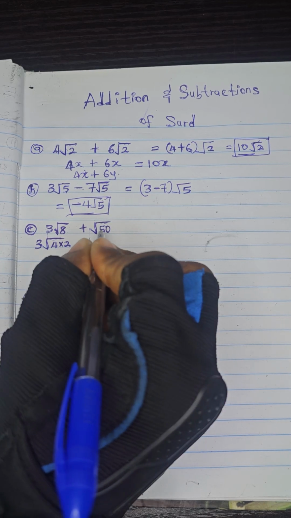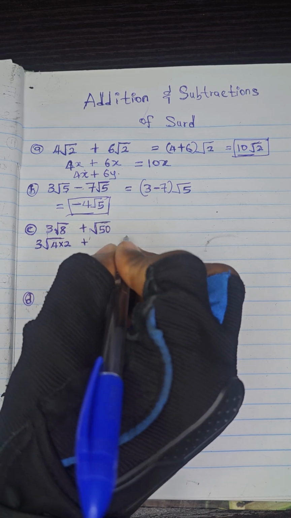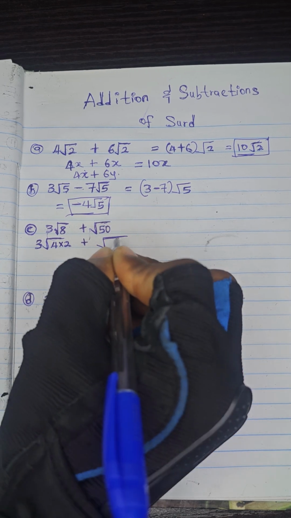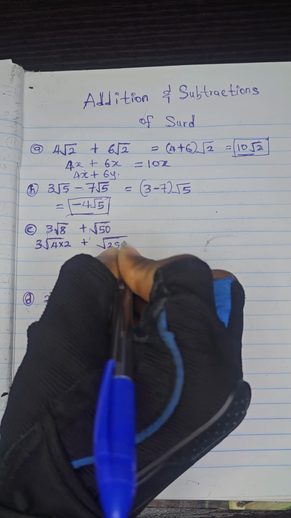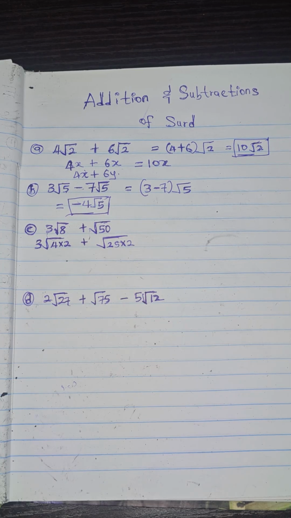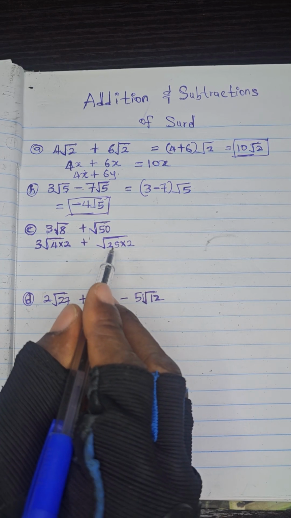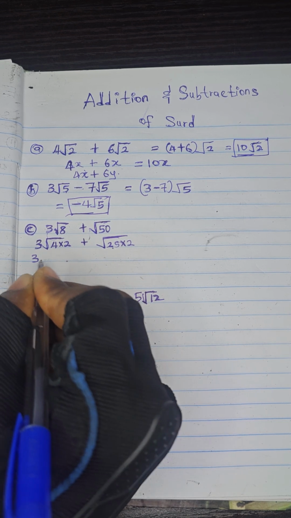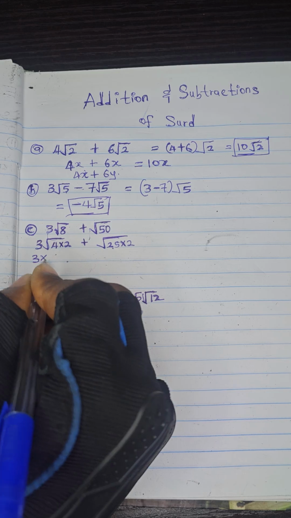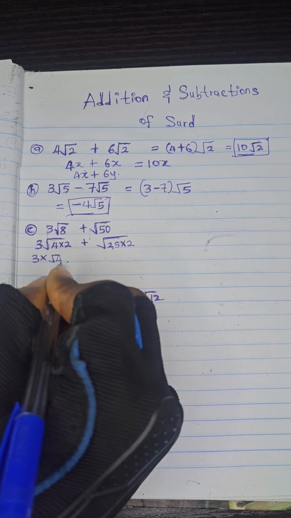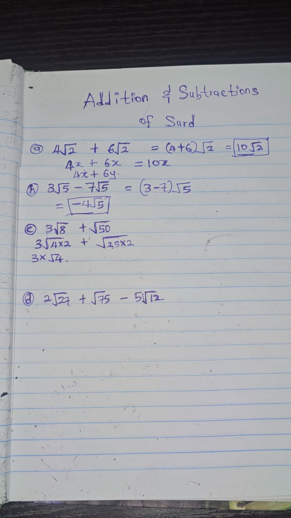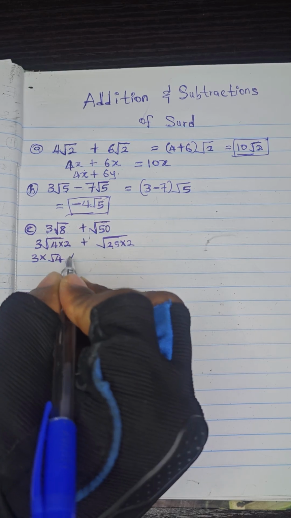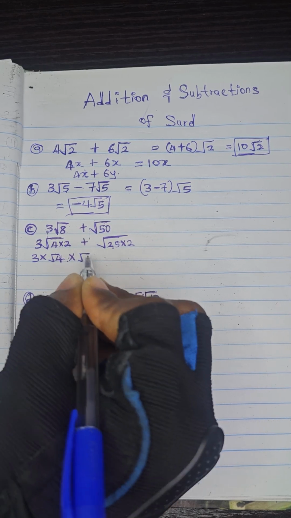It will be plus, this 50 is the same thing as square root of 25 times 2. Now 25 is a perfect square, so in that case we have 3 multiplied by square root of 4 multiplied by square root of 2.